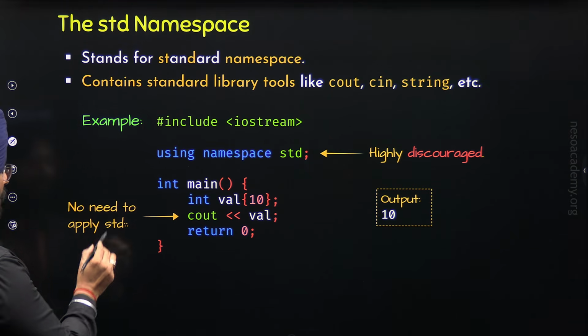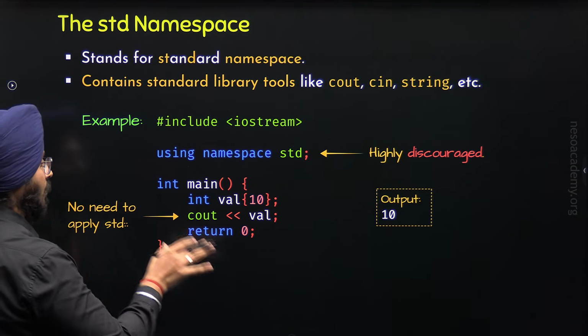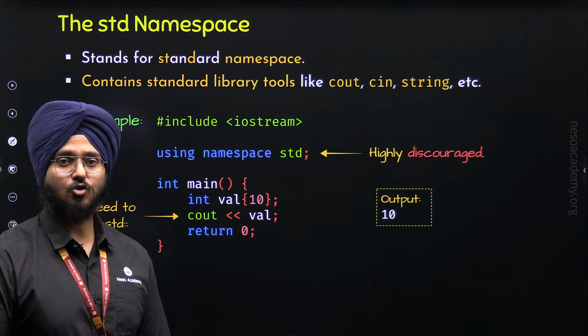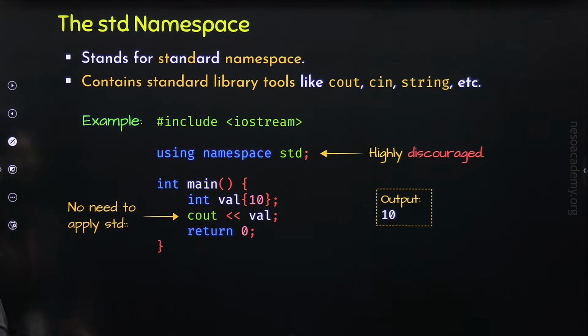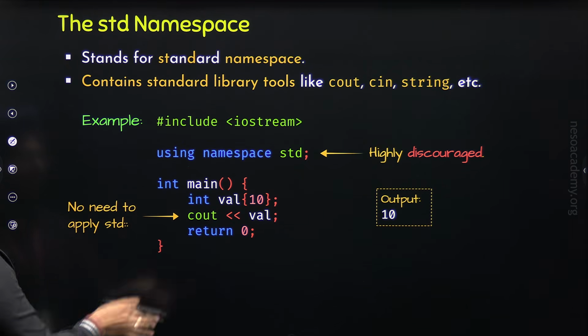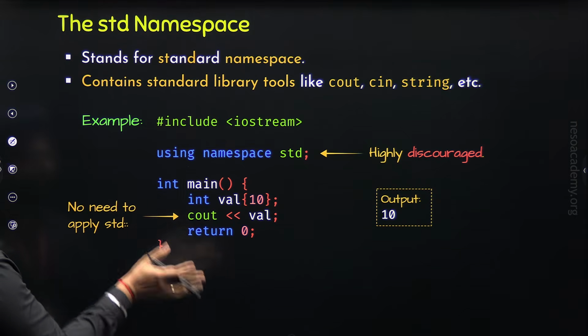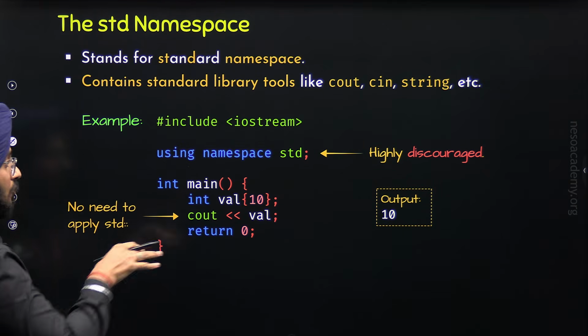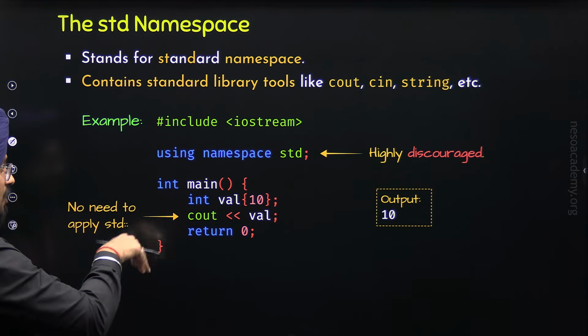Here, when we type out std:: before an object, we properly specify that that object is part of std. So we are explicitly mentioning this, and it is always good to explicitly mention which object is part of which namespace. That's why it is recommended to mention std:: before the object which is contained within it.